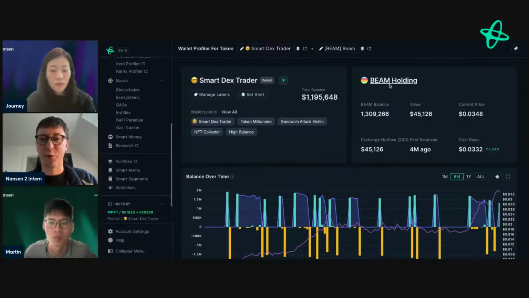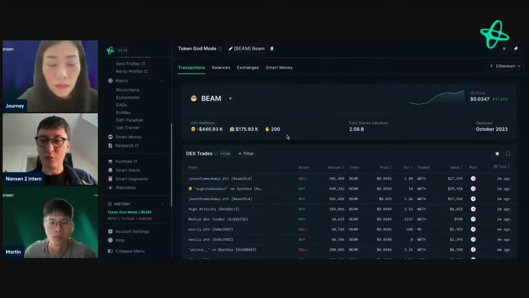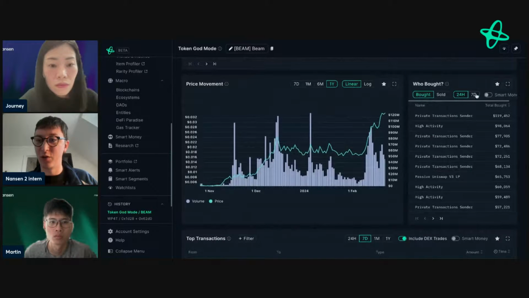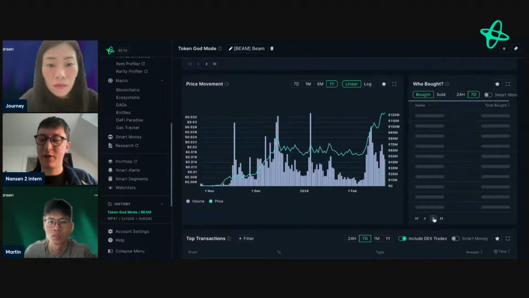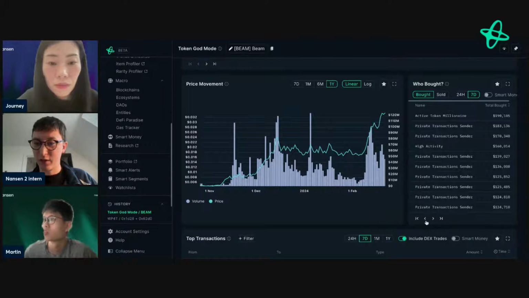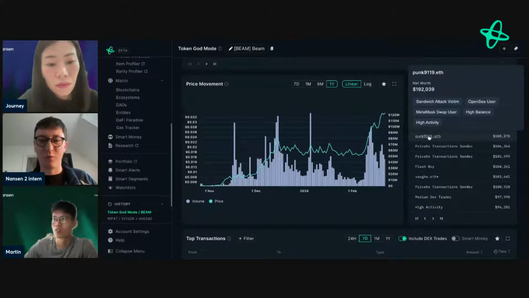But let's look at Beam generally. We can see the price is up by 21%. The first thing we want to look into is who bought over the 7 days or who sold. Then we can go through here, find addresses, and see if anything catches our eyes. I tend to avoid private transaction senders, but let's look at, say, this address here, Punk 9119 ETH.